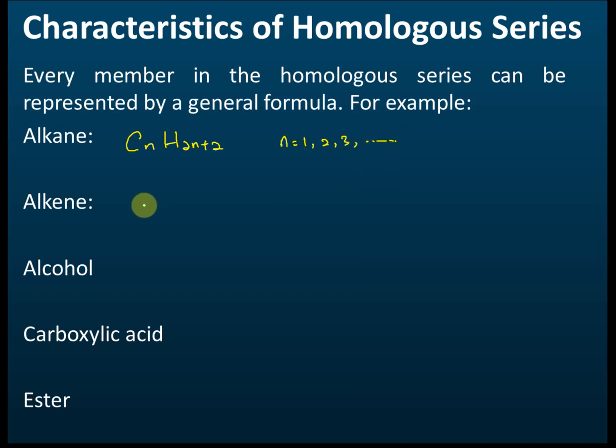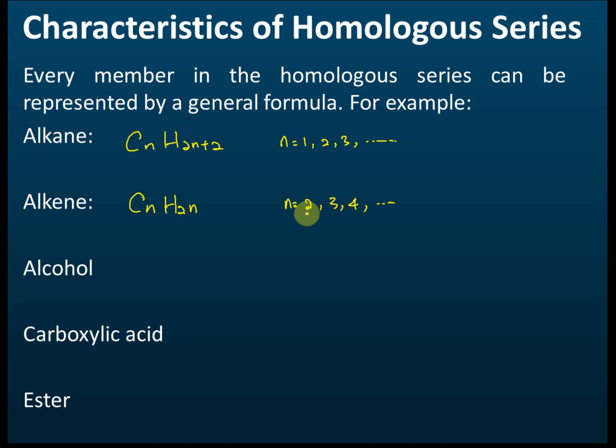The general formula for alkene is CnH2n only, and n equals 2, 3, 4, and so on. So you see, for alkane the n starts from 1, but for alkene the n starts from 2. There is a reason for that, which we are going to discuss later.